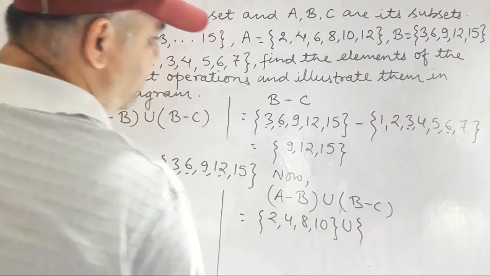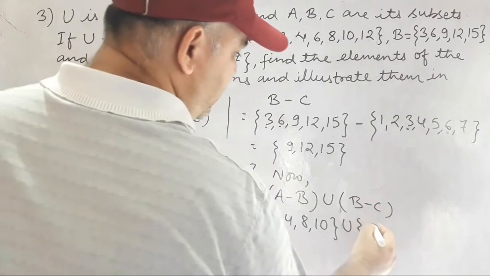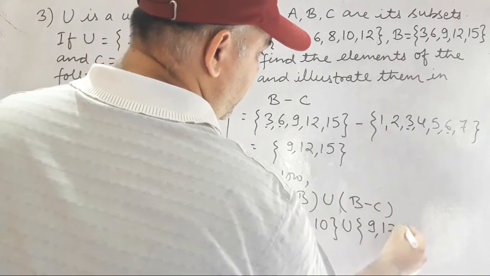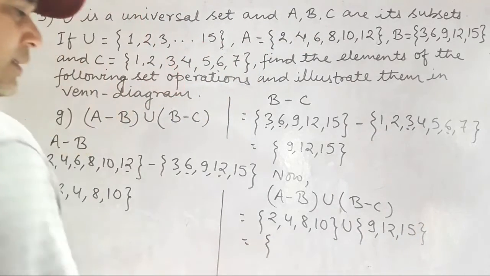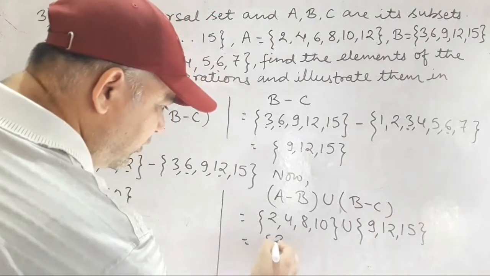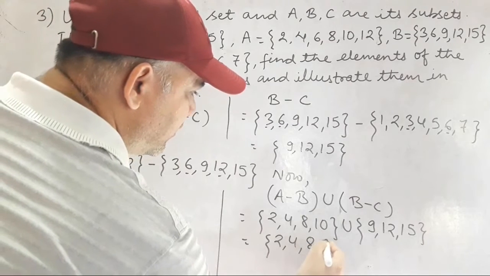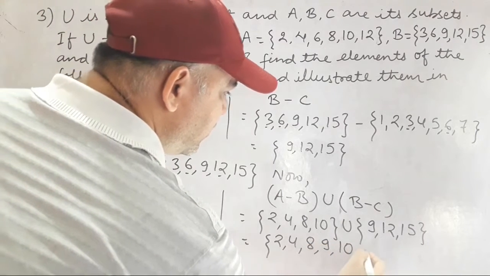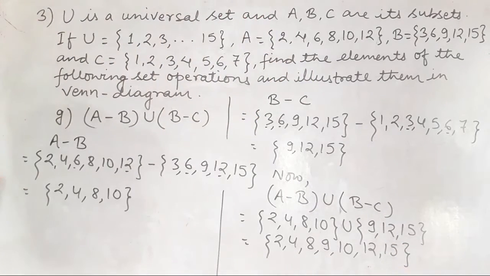Union the elements of set B minus C: 9, 12, 15. Since they are being united, we shall write all the elements: 2, 4, 8, 9, 10, 12 and 15. So this is A minus B union B minus C.